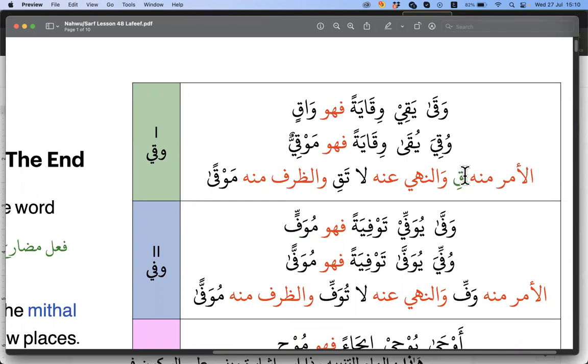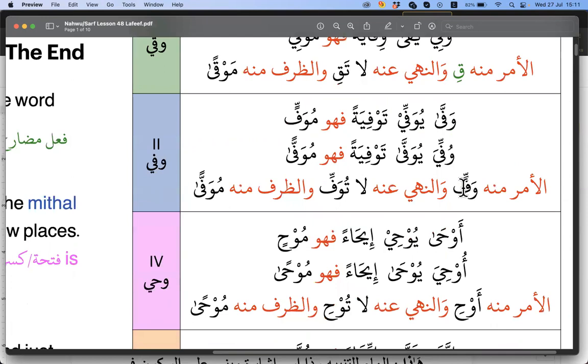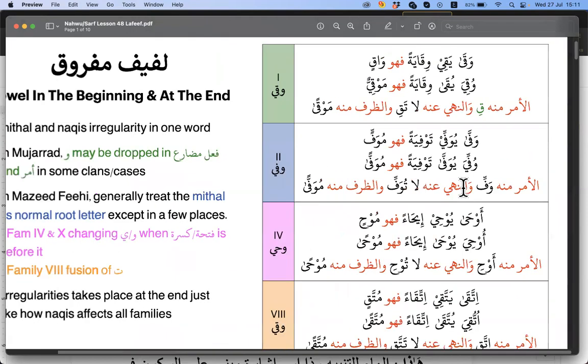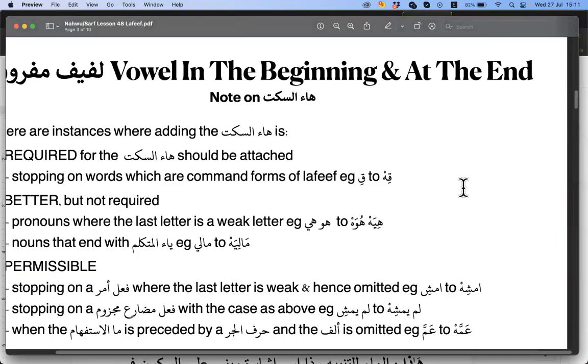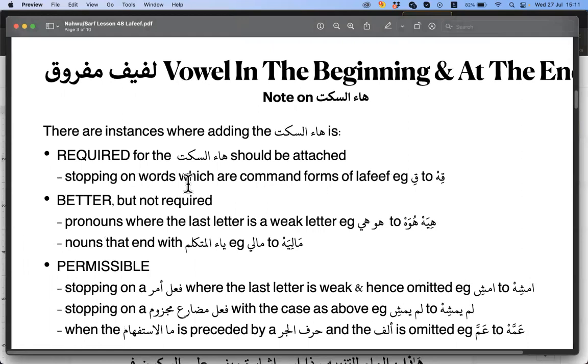So we know like waqina adzaban nar is the dua from there, like protect us from the fire. Waqina adzaban nar. So when any form of lafif command, command form, and you're stopping on that word, then the ha sakat will be there, wajib.